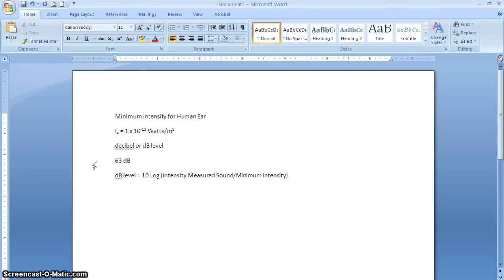So if you have a decibel level of 63 decibels, it's 63 equals 10 log of I, the intensity that I'm measuring, divided by I sub O, the minimum threshold that the human ear can hear. And so the first thing that I'm going to do is divide both sides by 10, so that gives me 6.3.